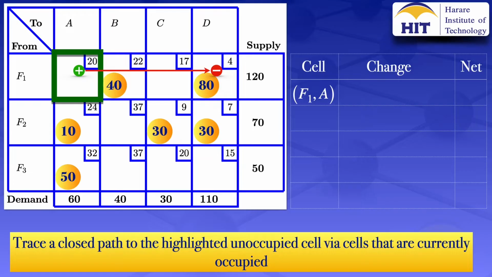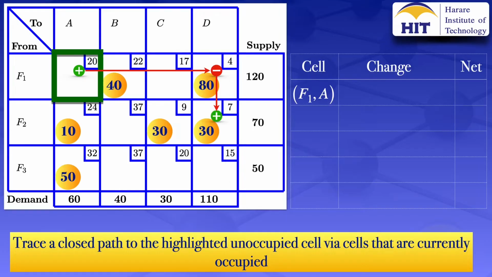But now when we are looking at column D, if we subtract there, then it becomes unbalanced because we have subtracted. So we would need to add, and we would add to where we have the occupied cells, because we said when you are tracing the path, we use occupied cells. So I'll put a plus on this cell here.